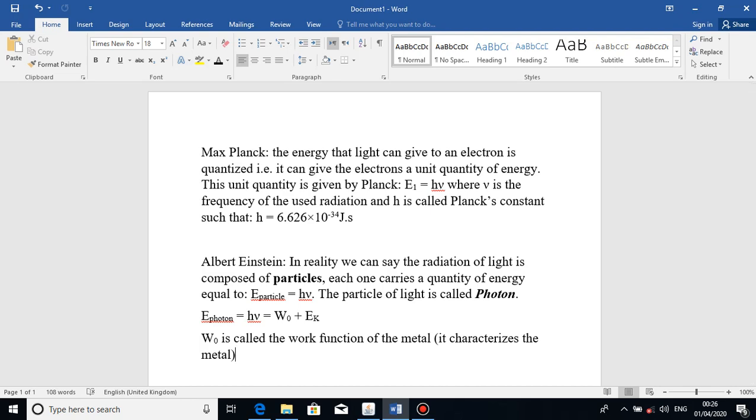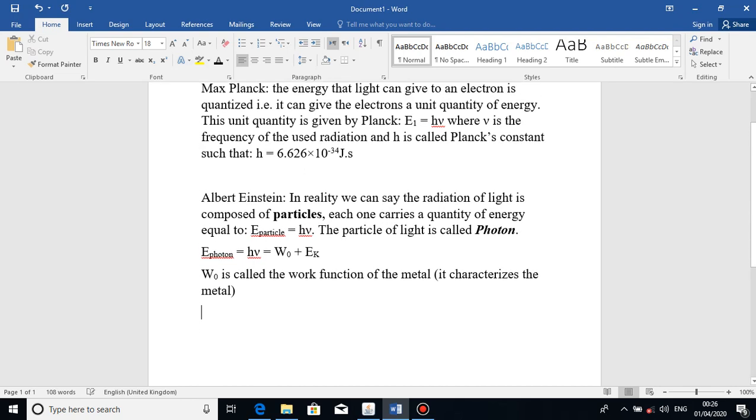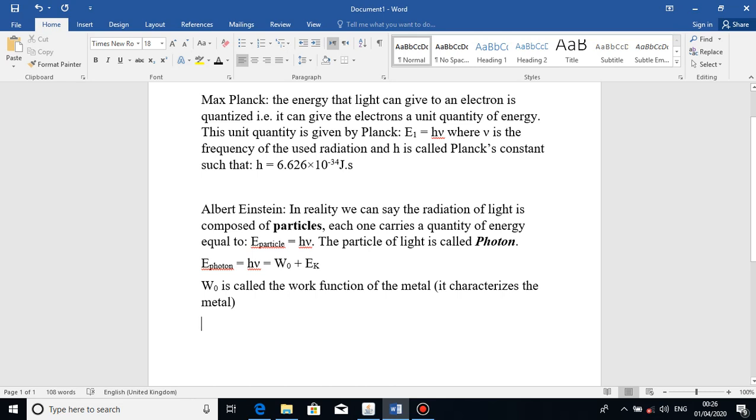And now you have to know that EK is the maximum kinetic energy of the electron.